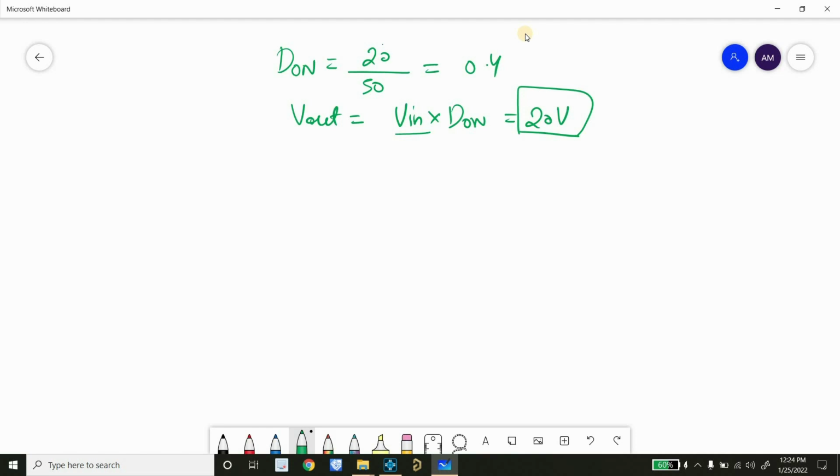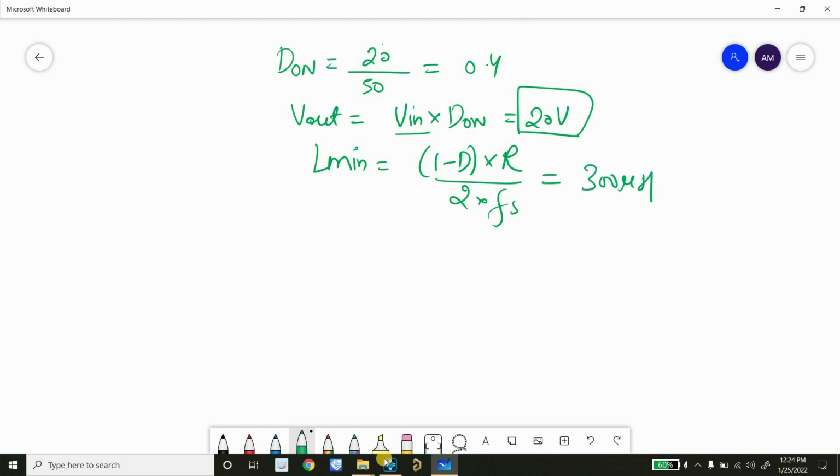Let's calculate L minimum, the minimum inductor value, which will be (1 minus D) multiplied by R, the load, divided by 2 times the switching frequency. In our case, it will be 300 microhenry.